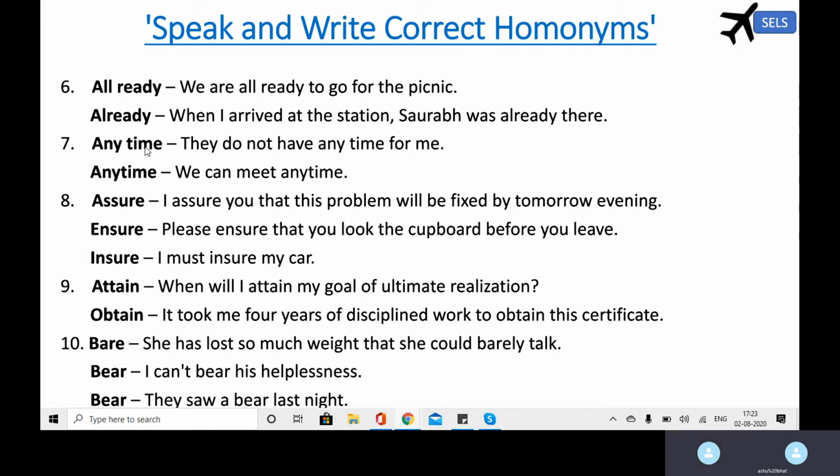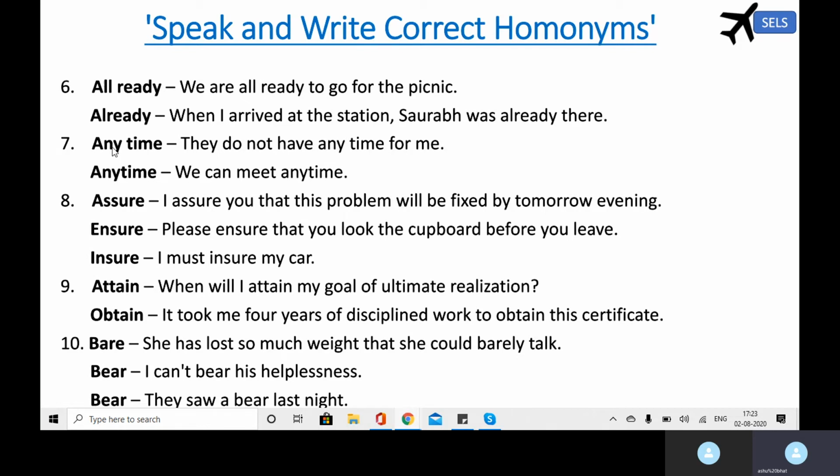Any time will again be used in contexts where you have both. Interestingly, this any time with a gap and anytime without a gap, they're all used for timeline.